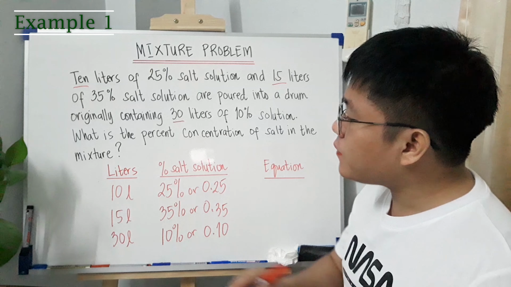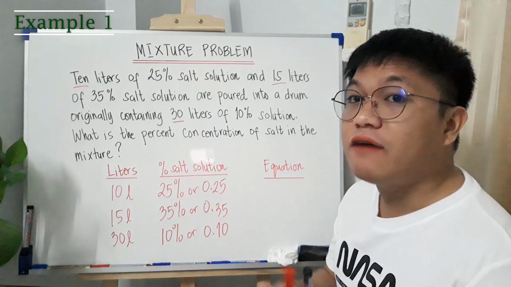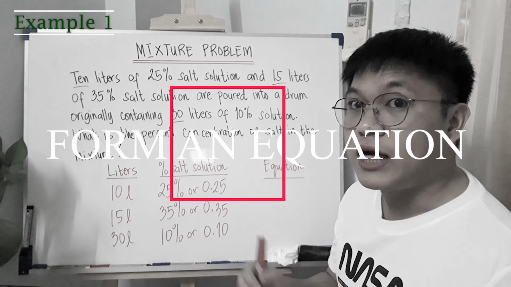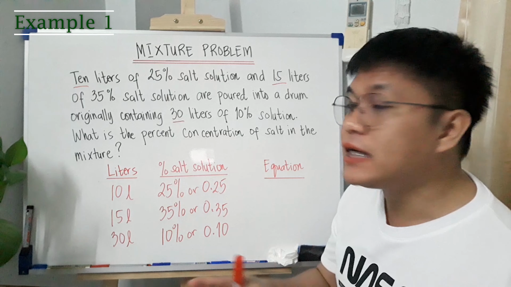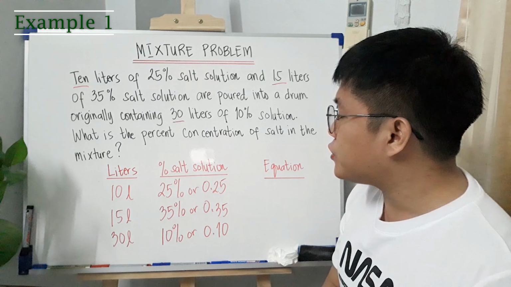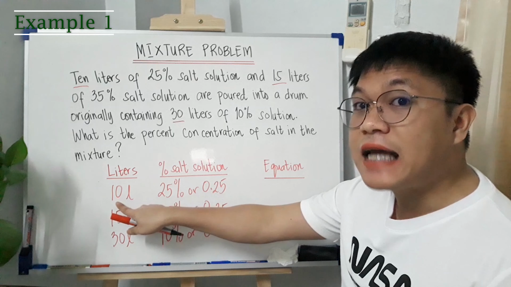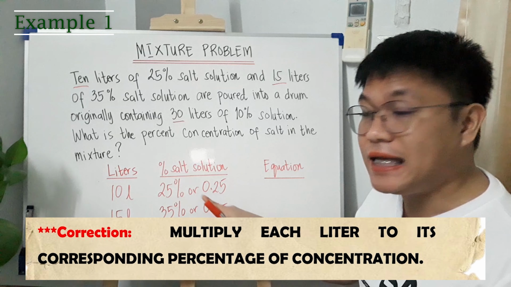Okay. So since we have already identified the percent of salt solution in each of the liters, we are going to form the equation now. Do not forget that we are solving for the total percent concentration in the mixture. So we are going to multiply 10 liters by the percent of the salt in each liter.